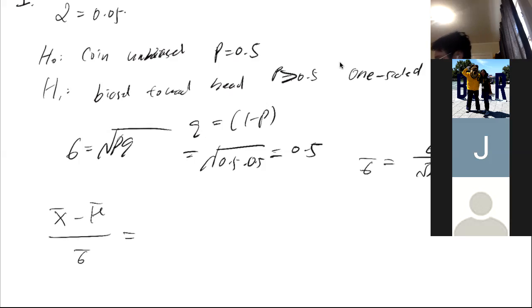And since we're doing 100 trials, n is equal to 100. So sigma bar is 0.5 over square root of 100, which is 0.05.